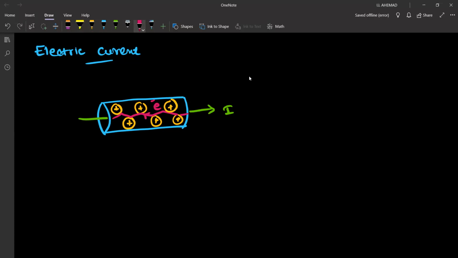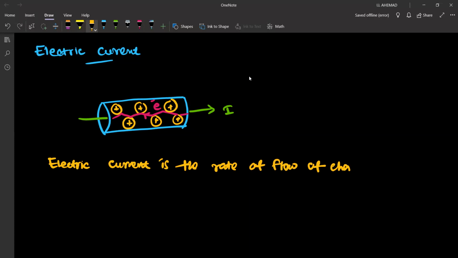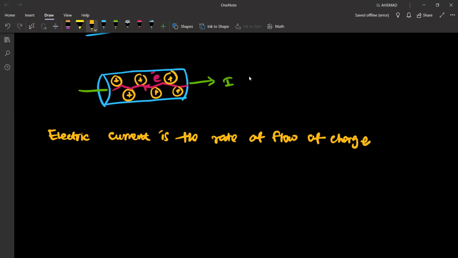So what is electric current? Electric current is the rate of flow of charge.